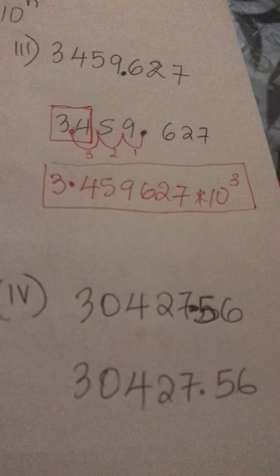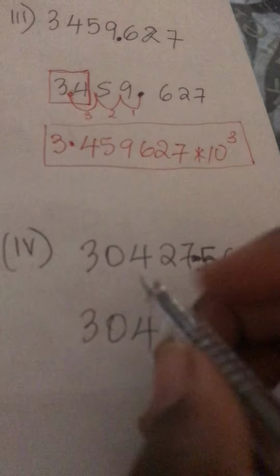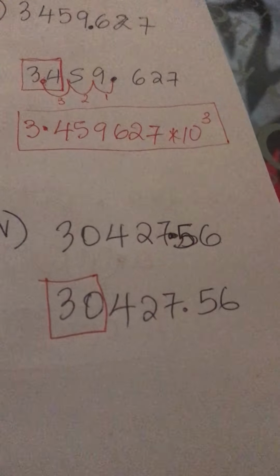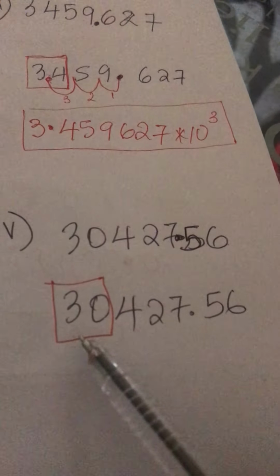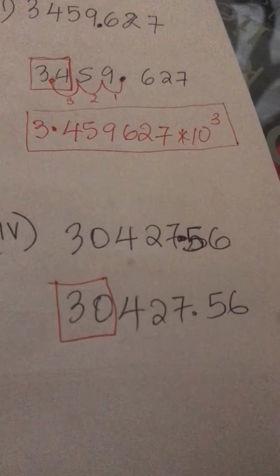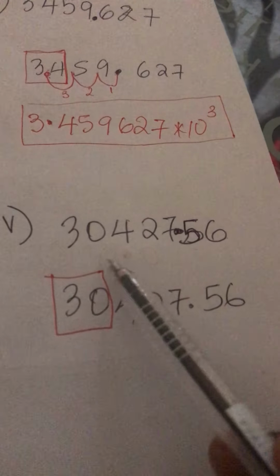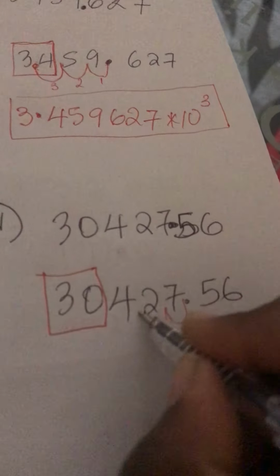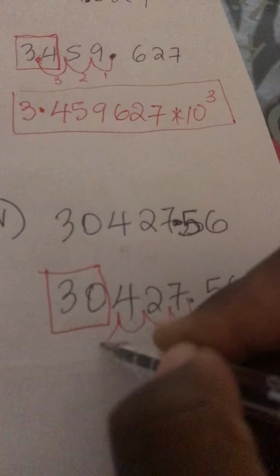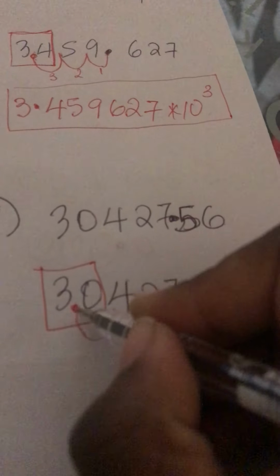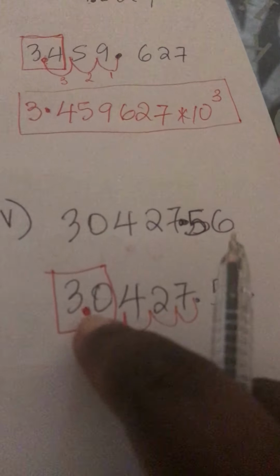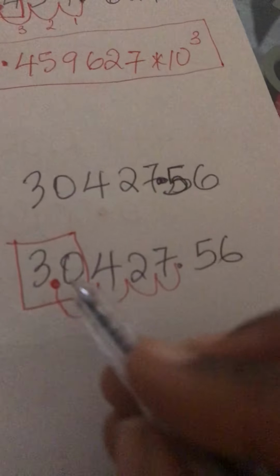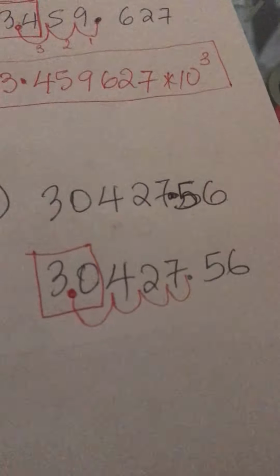Step 1, find your engine. Your engine is your first 2 digits. After you write your first 2 digits in the box, now you want to move your decimal. 1, 2, 3, 4. Your decimal must move inside the box. It has to go there between your 2 numbers.